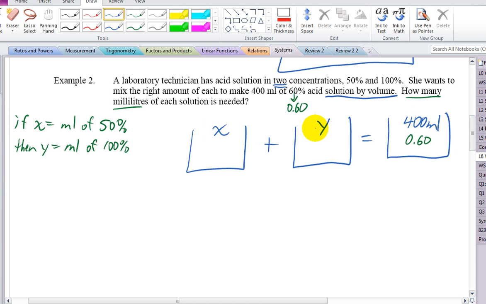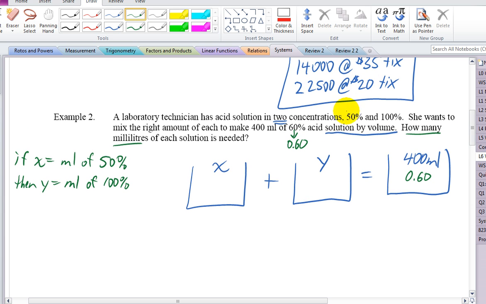That's how much we used. We don't know it. We're trying to find it. Okay. For the concentration, though, the concentration would be 50%, or 0.50. That would be for the beaker that we used x amount of. What's 100% as a decimal?